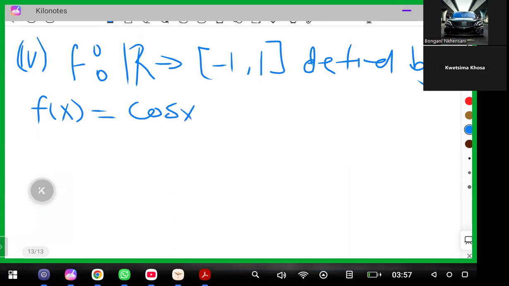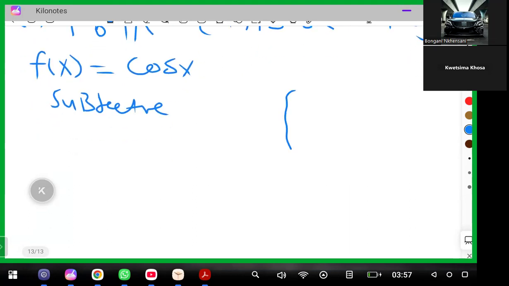So we're going to check for surjective, and then after that we check for injective. We're going to start with surjective, and then here we can do the one for injective.